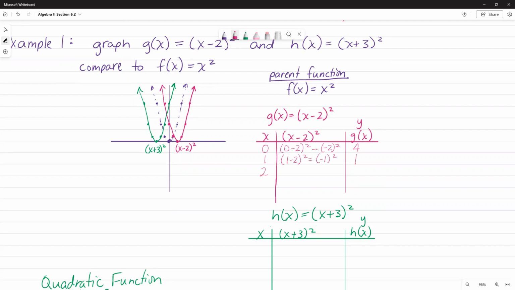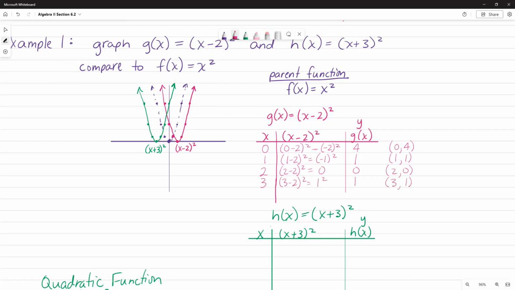If I pick 2, 2 minus 2 is 0, and 0 squared is 0. So let's look at these ordered pairs: (0, 4), (1, 1), (2, 0). 3 gives me 3 minus 2 squared, which is 1 squared, so that's 1.